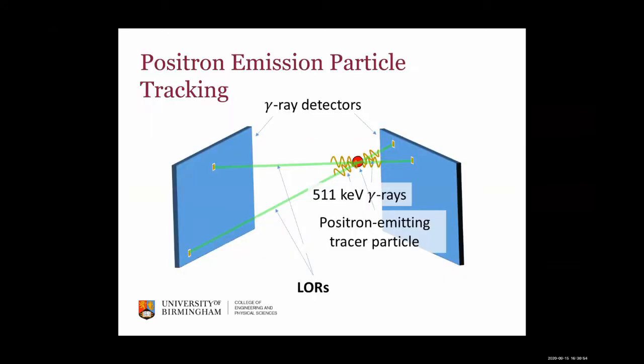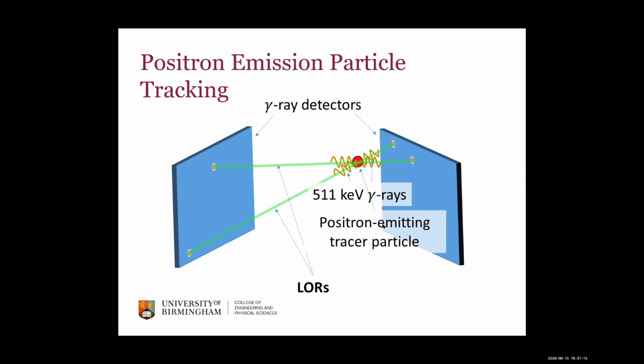Now I'm going to introduce the positron emission particle tracking technology to you guys. When we have a flow, we put a tracer, here this red particle, into the whole system.